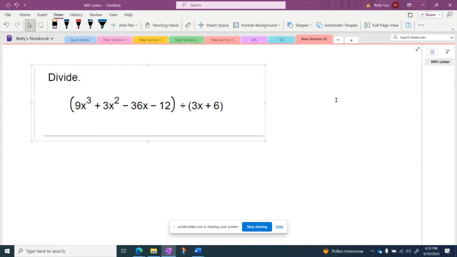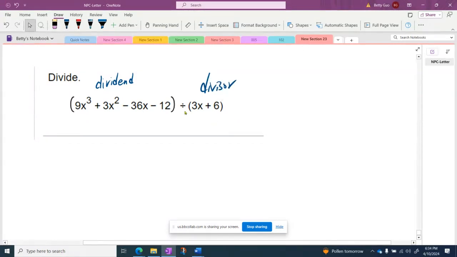To get ready for the long division, we need to first identify the dividend and the divisor, because the two polynomials play different roles. Remember, the polynomial in front of the division symbol is the dividend. The polynomial behind the division symbol is the divisor.